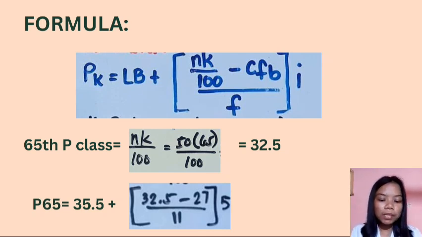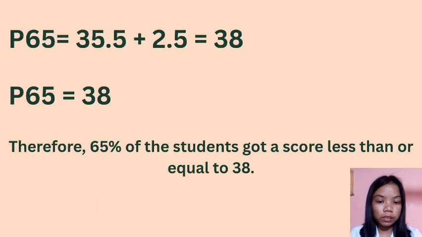Okay, so P65 equals 35.5, which is the lower boundary, plus open bracket 32.5 minus 27 over 11, close bracket, times 5. Why is it 27? Because it is the cumulative frequency before, so before 38 is 27.